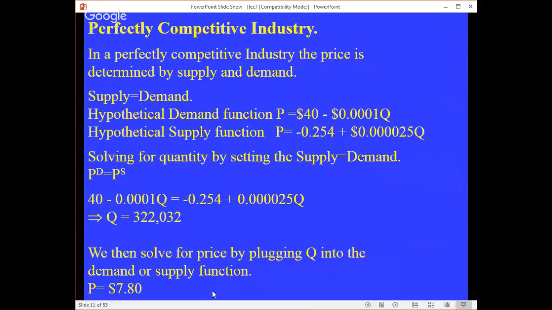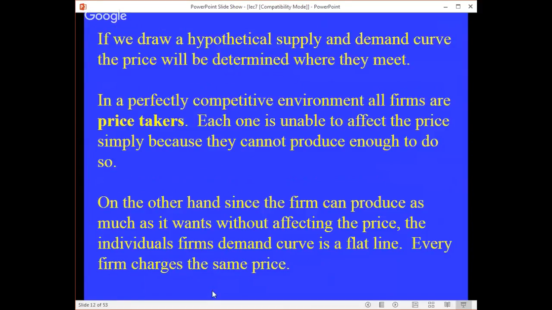Okay. So that's two examples. If I draw my hypothetical supply curve and demand curve, the price will be determined where they meet. That's our equilibrium point, and that's what we just did mathematically. In every perfectly competitive environment, all firms are price takers.